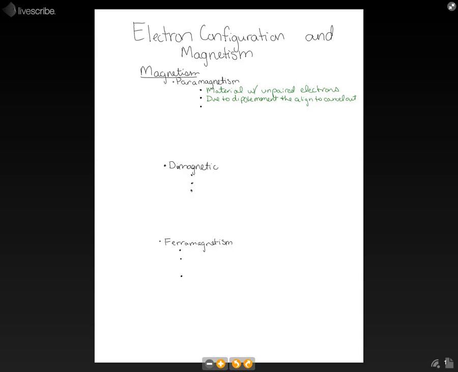So, we'll show a picture in a second that kind of describes that a little better. And then, when a magnetic field is applied, atoms can arrange to line up their spins in the same direction.